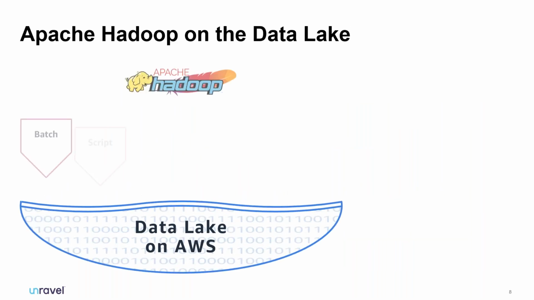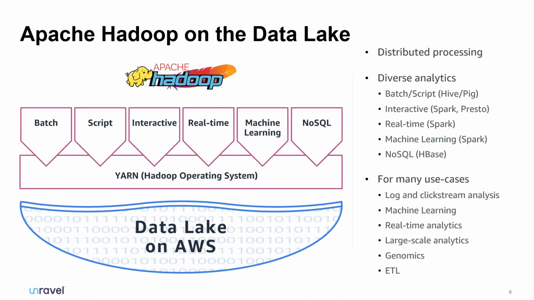All right, so having this data lake in AWS, you can have Apache Hadoop, which is one of the common distributed processing platforms we are familiar with, to run a variety of workloads, right?